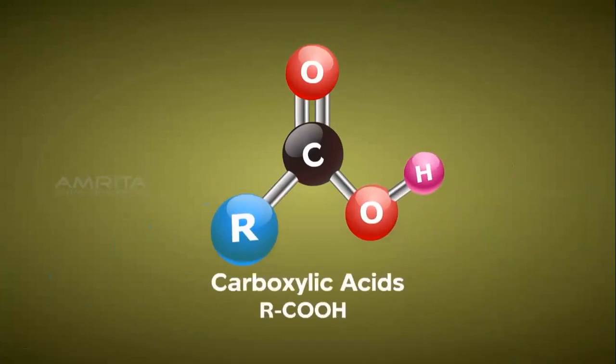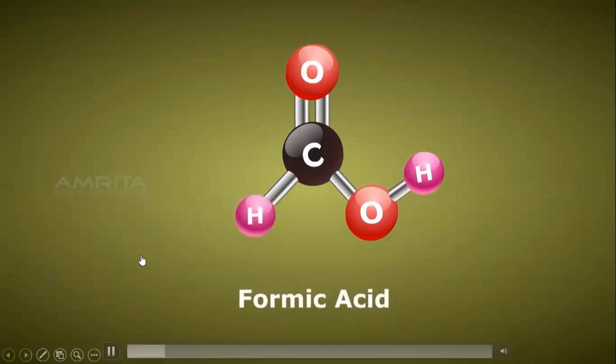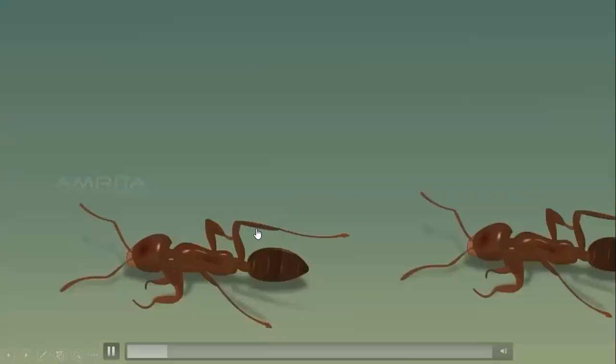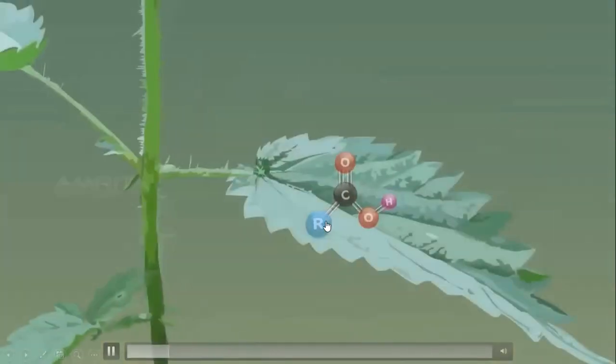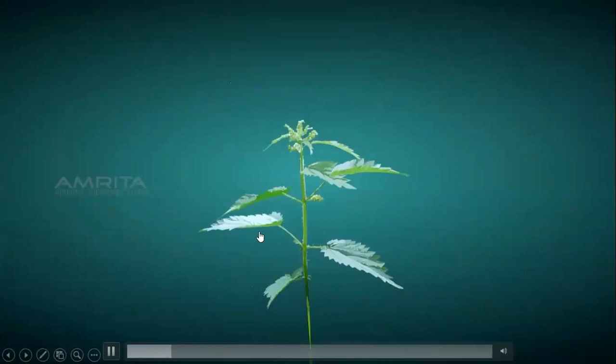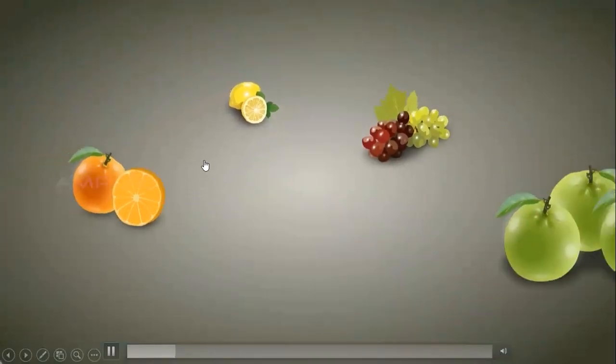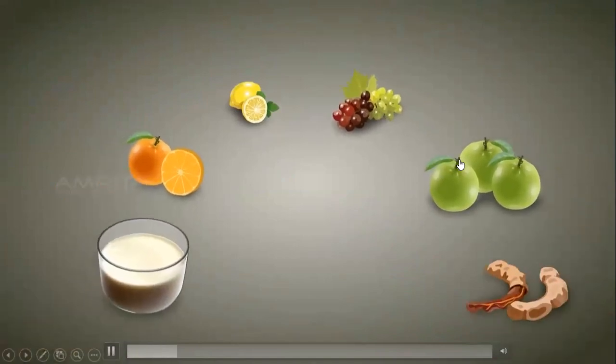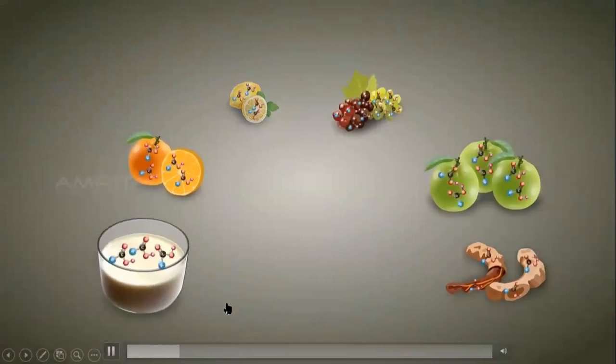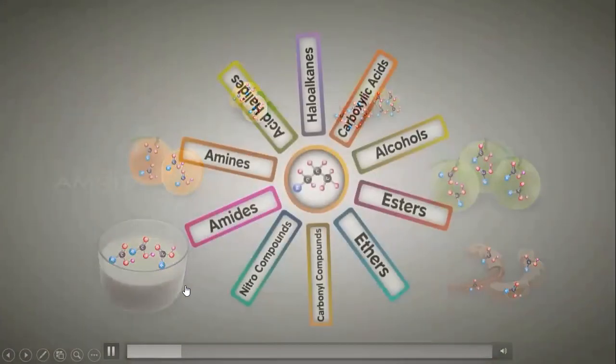Carboxylic acids are found in bee sting. The simplest is when hydrogen is replaced by R. It is found in bee sting, insect sting, and in all citrus fruit like lemon, orange, grapes, green apples, and sour milk.